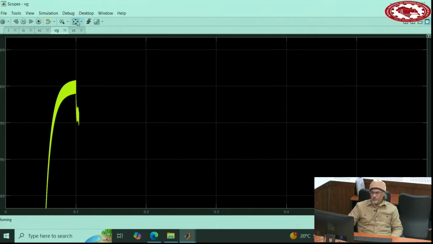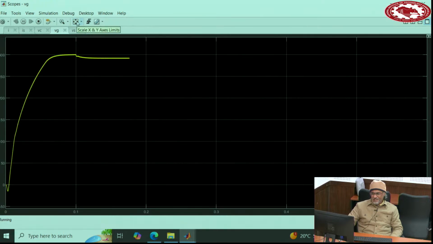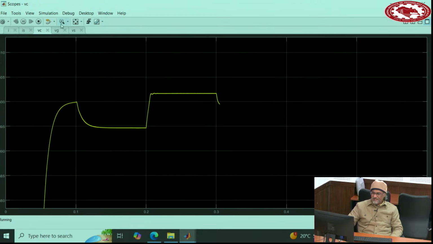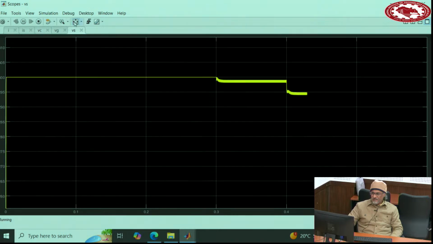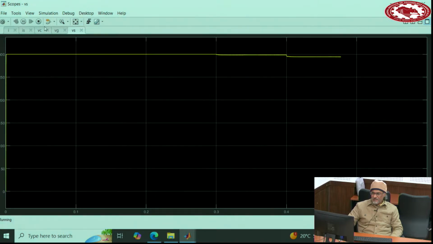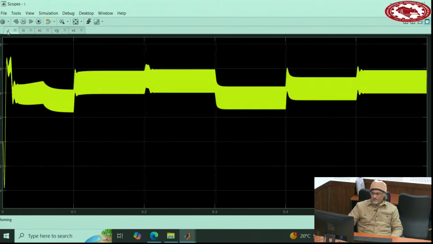Oh, now it's showing. It has some delay. This is the converter current.